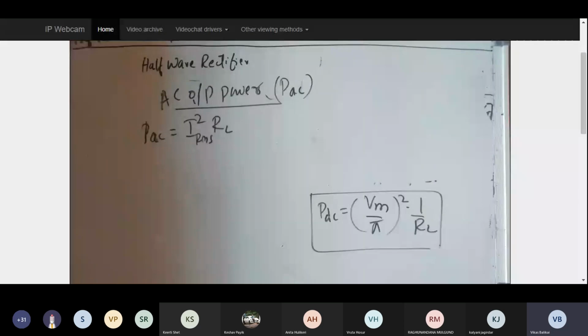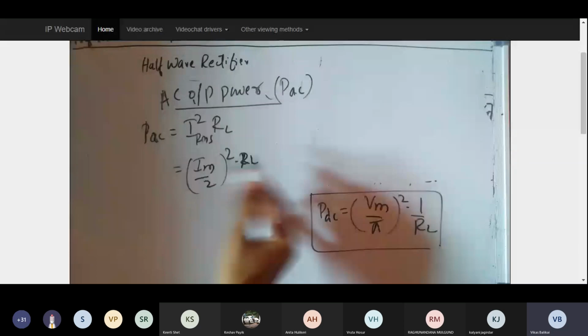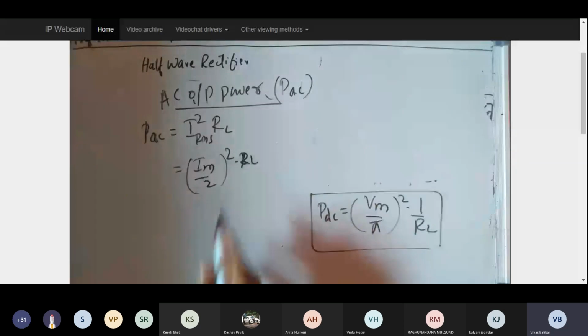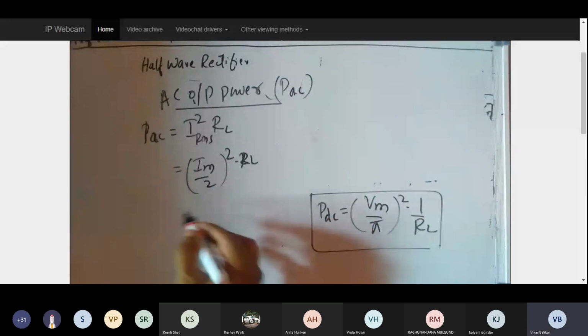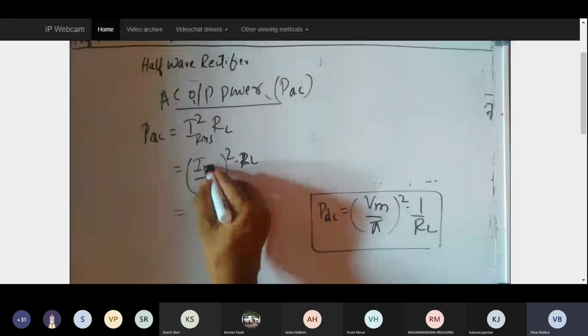So this is a scenario where we have derived the equation for IRMS. IRMS is Im by 2, whole square into RL. So this will be your equation. You can keep the same equation as it is, or you can convert it in terms of Vm also. How do you convert in terms of Vm? This will be Im square into RL upon 4.